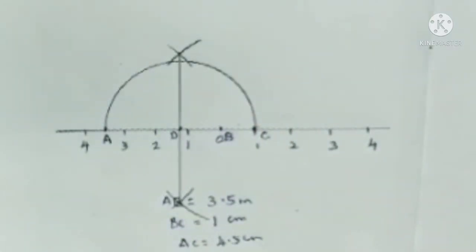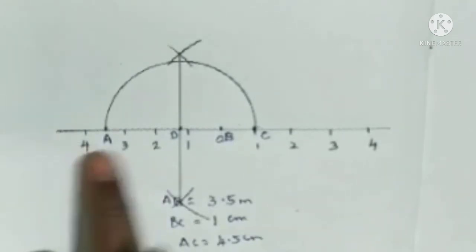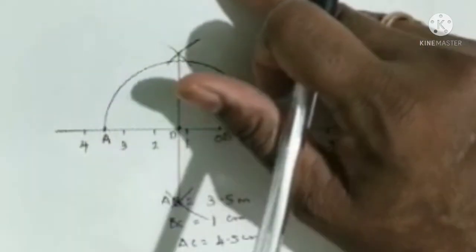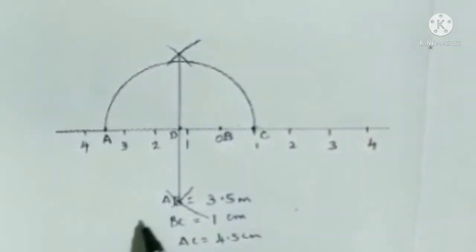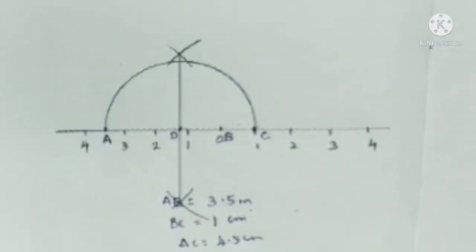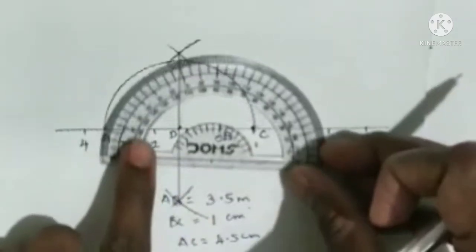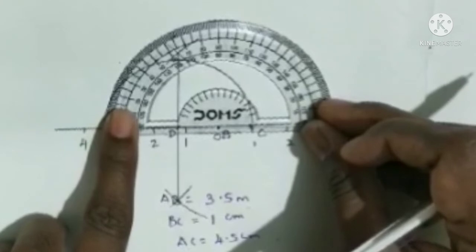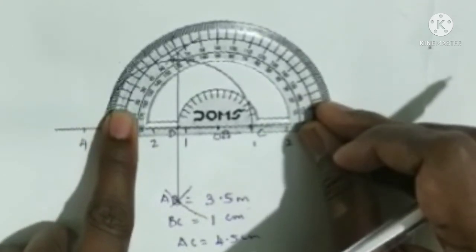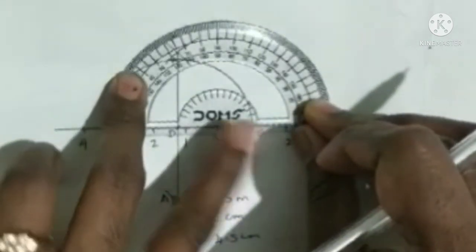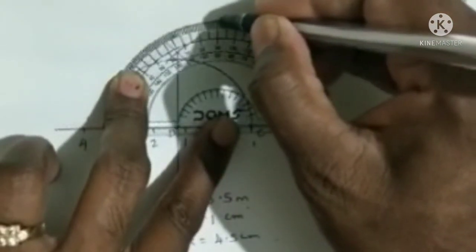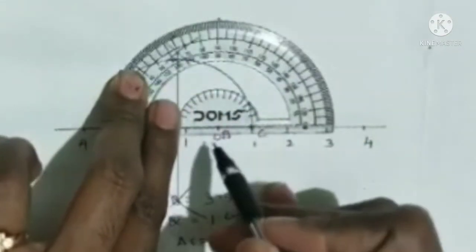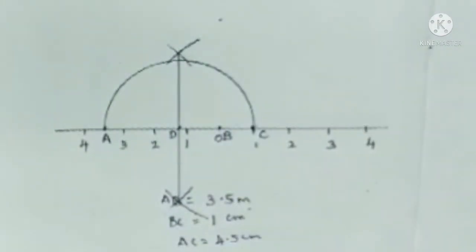Then at point B, AB is the exact value 3.5. Our 3.5 is AB only. So at point B you take 90 degrees.